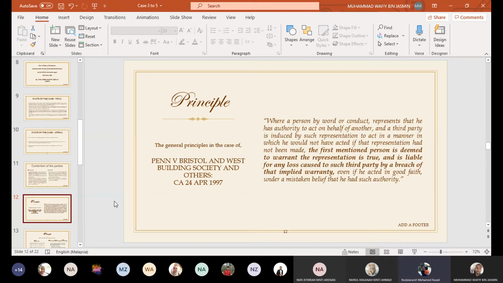Whereas it is not his fault, he did not authorize the particular conduct, but because of that he had to pay the other party a certain amount as a liability. So dalam keadaan tersebut, is the client bound by the act of his solicitor?